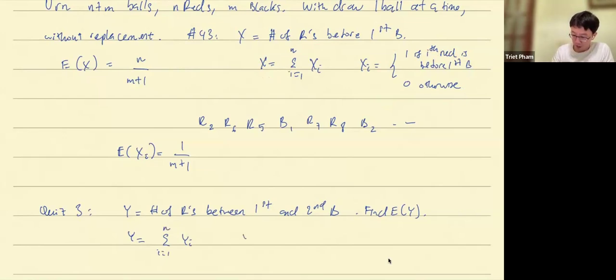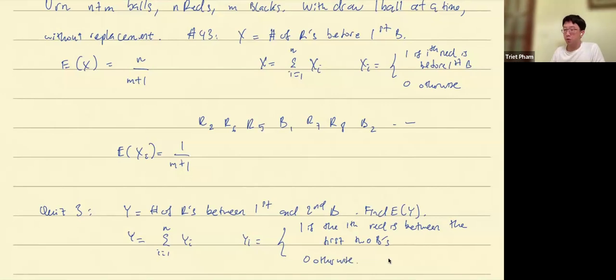So here the difference is, instead of counting a success, a 1, if the ith red ball comes before the first black, you count it as a success if the ith red ball falls between the first 2 blacks, and 0 otherwise. You understand?